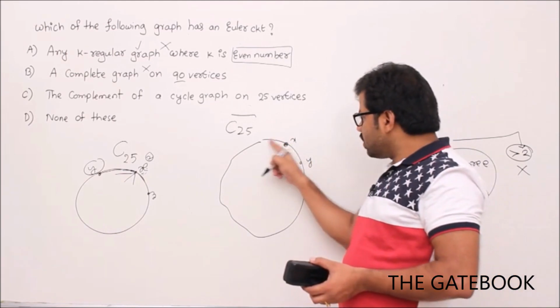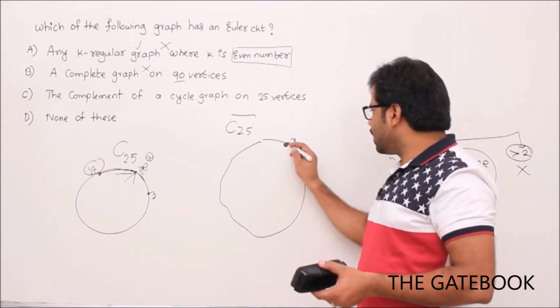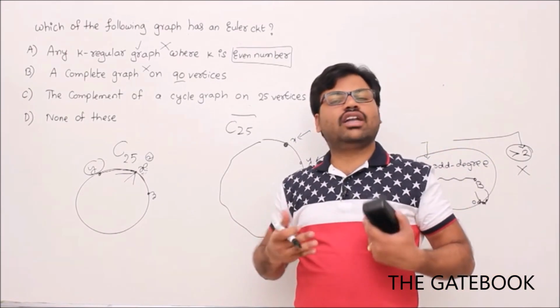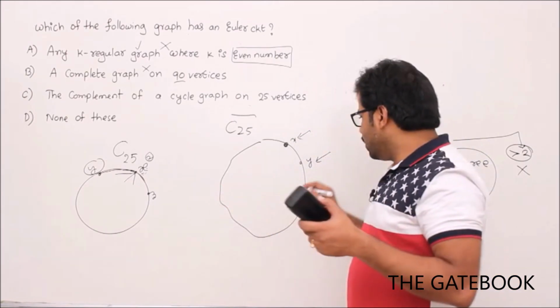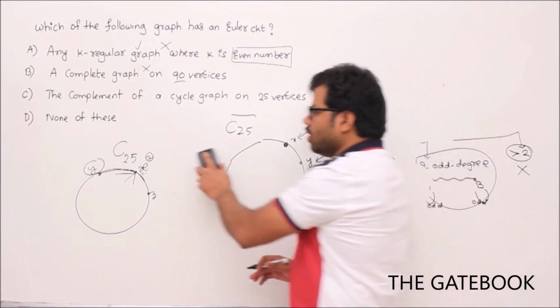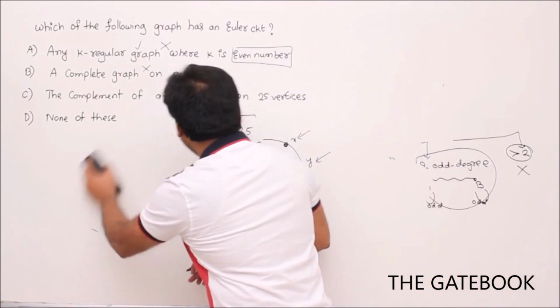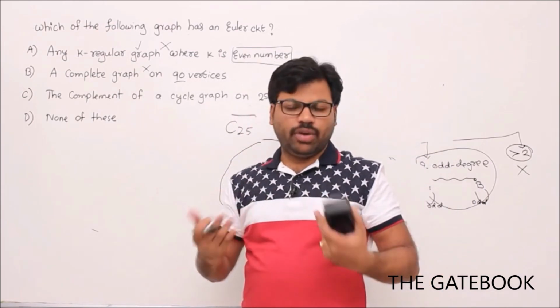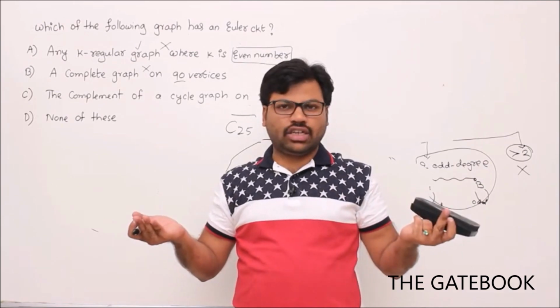If X is connected to everything, since X and Y don't have any difference, Y is also connected to everyone. Similarly, Z is also connected to everyone, and so on. So my idea is to prove that a random vertex X is connected to everyone. If I do that, it is like proving that every vertex is connected to everyone.